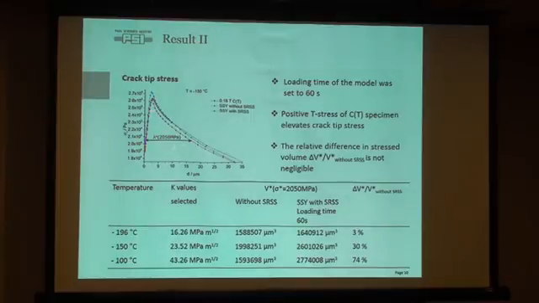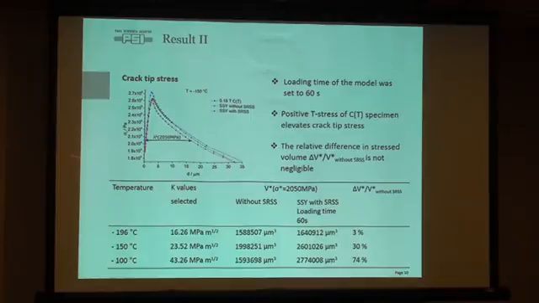If you look here at this stress versus distance ahead of the crack tip, you can see the black curve is from the 3D model, and the other two curves are from the small-scale yielding model, where without means strain rate was not considered, and with means strain rate was considered.